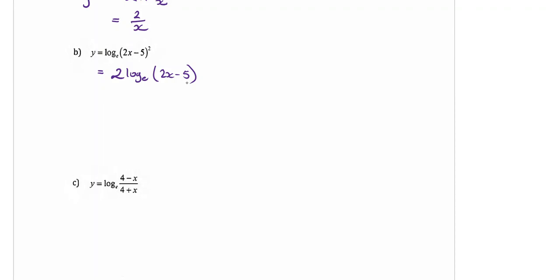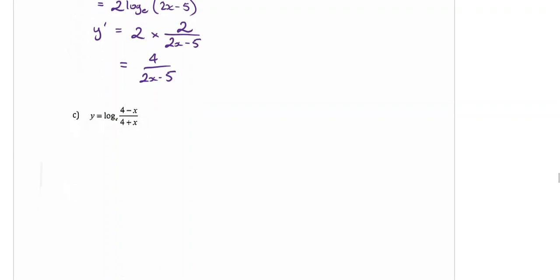Then, to differentiate, y dash equals, the 2 is sitting out the front, and my function is 2x minus 5 for the bottom. The derivative of that is 2, which will go to the top. 2 times 2 makes 4, so it will be 4 over 2x minus 5. Yeah, that's it.